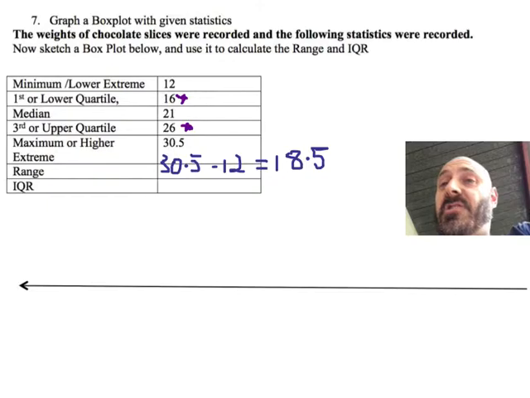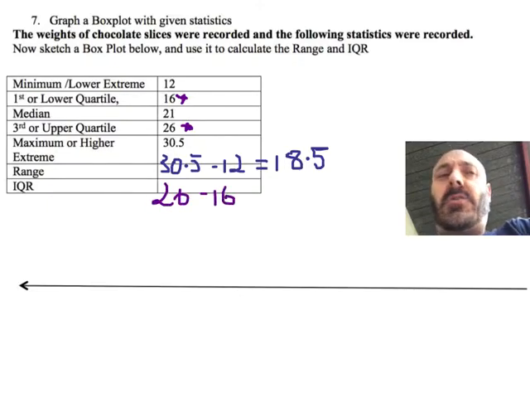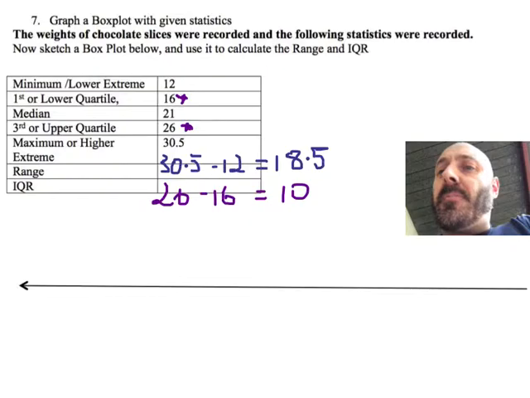Okay, for this question here, I'm going to finish my table first, and I'm going to tell you that the range is the difference between the maximum and the minimum. So we've got a maximum of 30.5 and a minimum of 12, so we'll take that away, and that will mean my range.